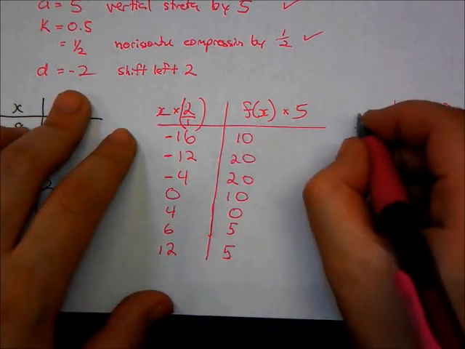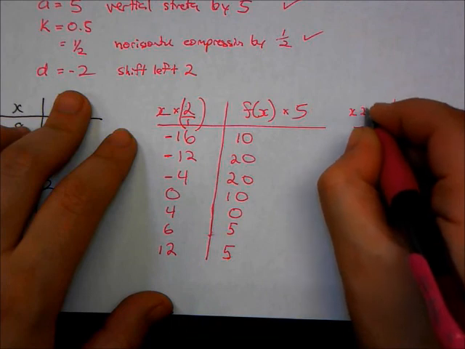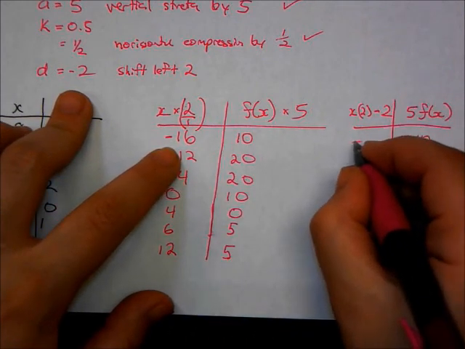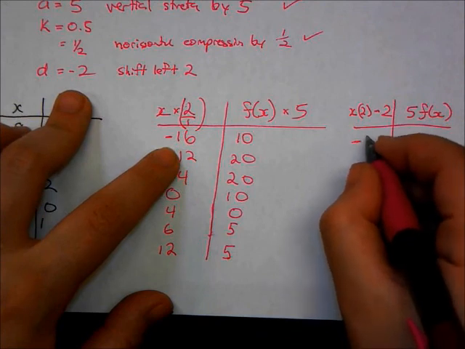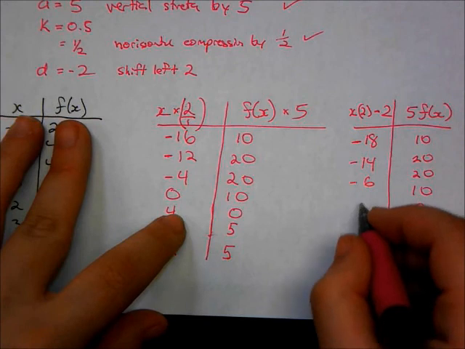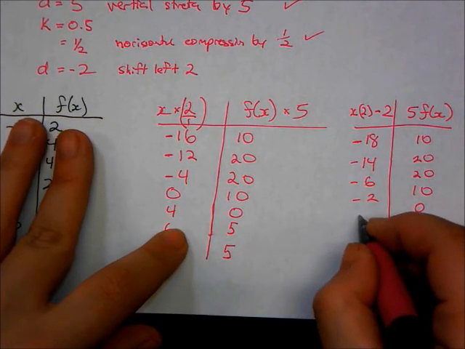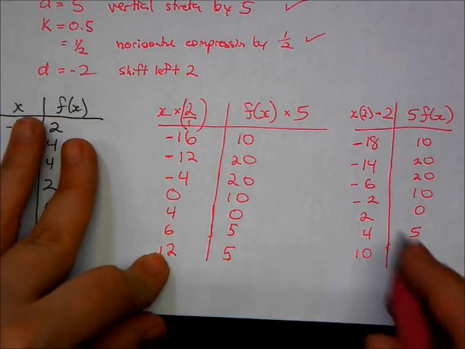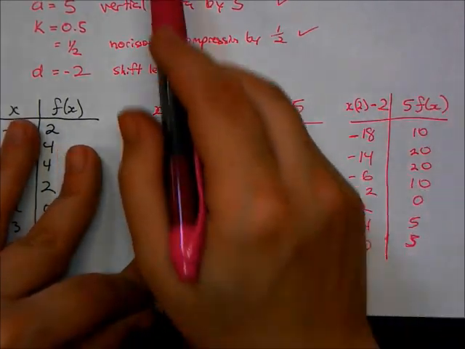That means I'm going to take each of these numbers, x times 2, and I'm going to subtract 2 from each of these. Negative 18, negative 14, negative 6, negative 2, 2, 4, and 10. So now, this is what I'm going to plot.